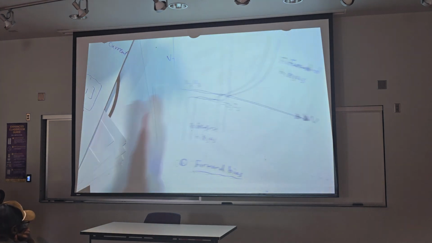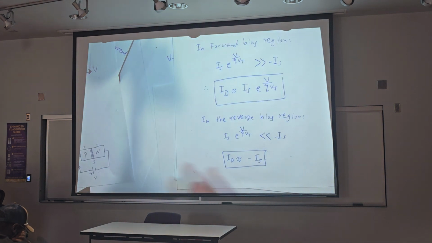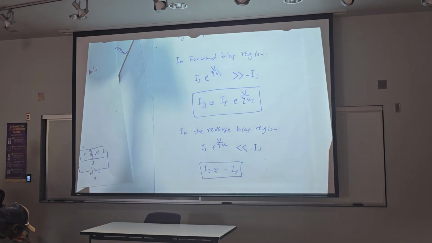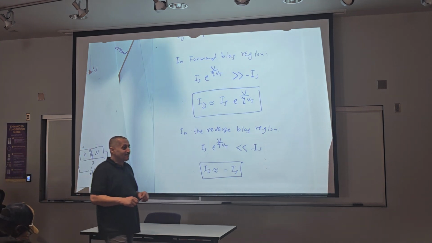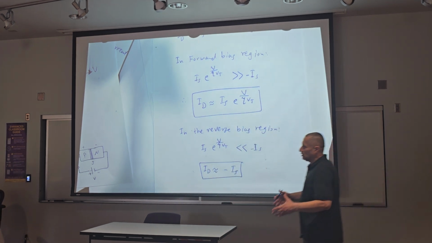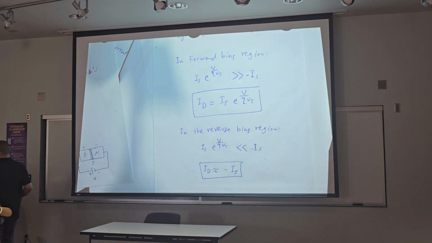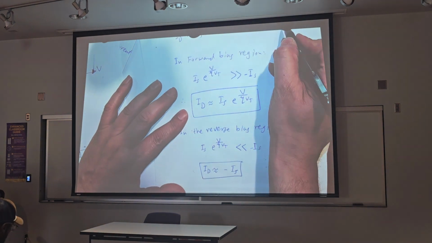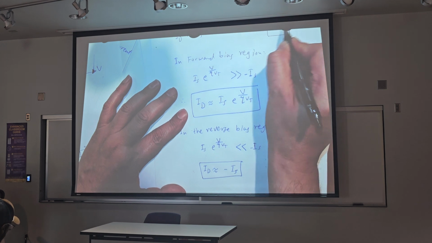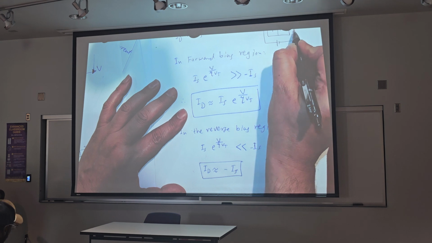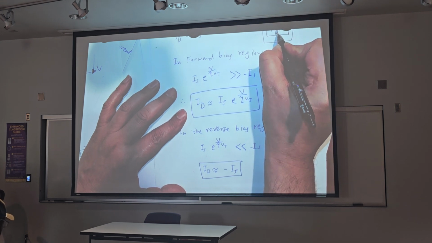Now we reach VZ. When we apply more voltage in reverse bias, consider first the forward case: P is positive, N is negative, and this junction is a small junction.